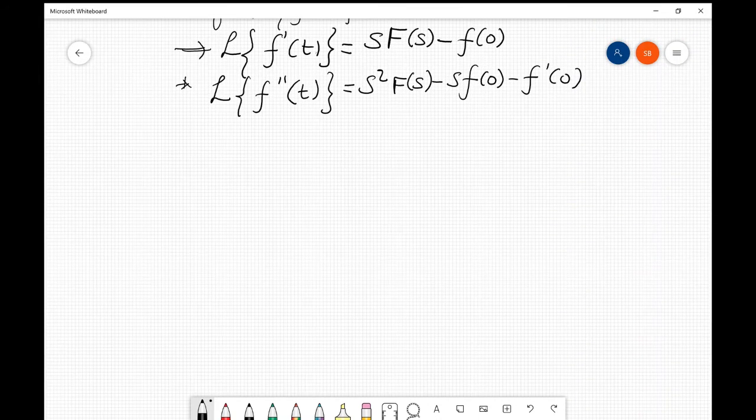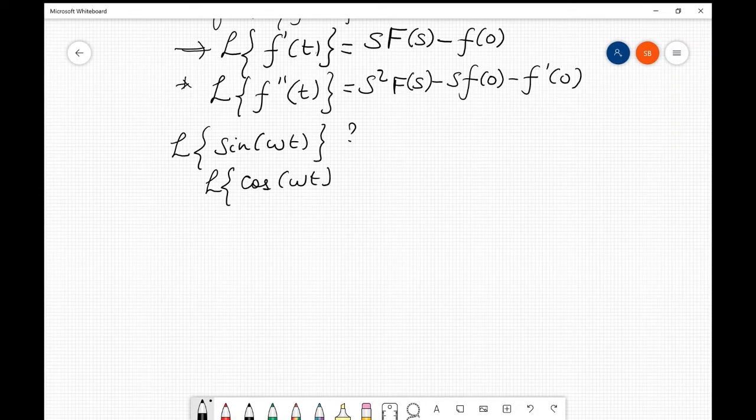This helps us, for example, to find the Laplace transform of sine omega t. We have already found this using different properties, but if we know the Laplace transform of cos omega t, which is s over s squared plus omega squared, what is the Laplace transform of sine omega t?